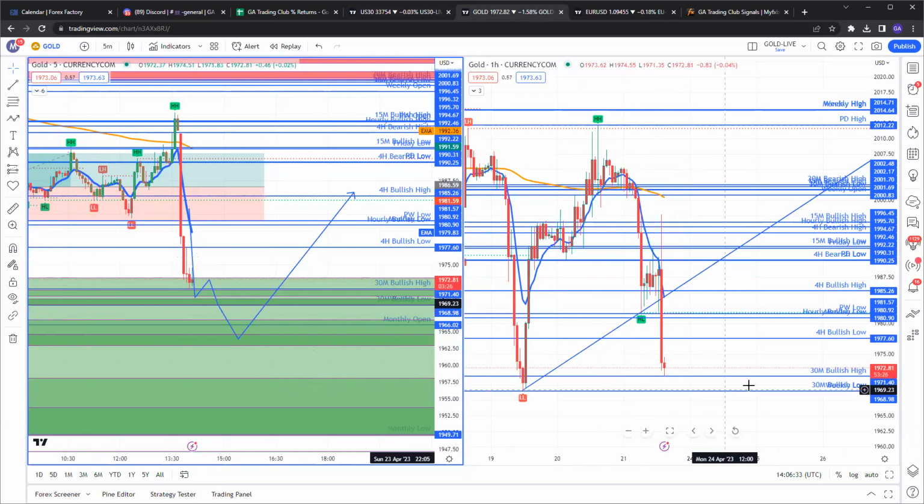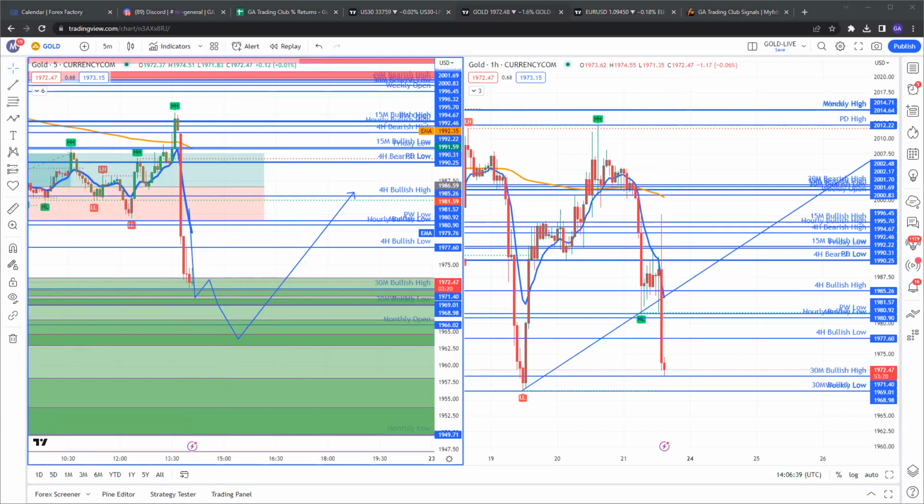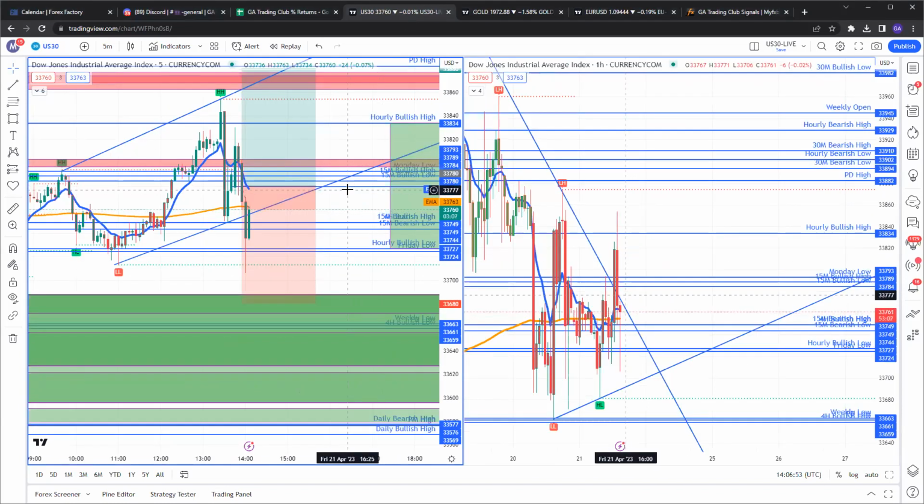Gold, 30-minute bullish high, bullish low. Let's see what we have on gold. Trying to see how much margin I have for this. I do expect gold to go back up, but right now I'll just stick with this US 30 trade.